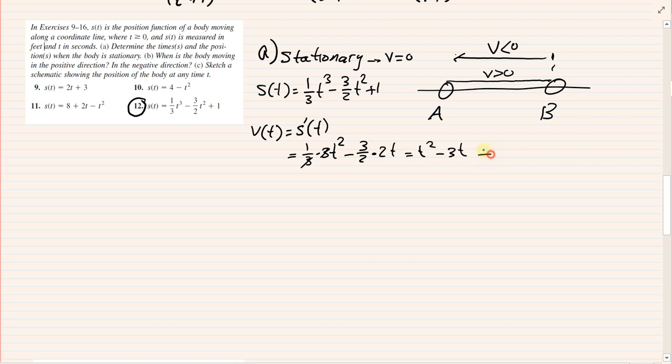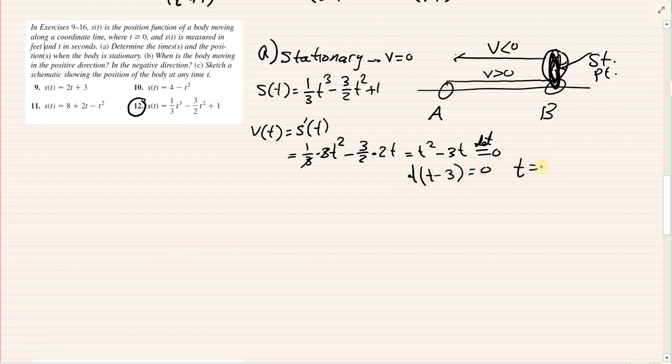Now we're going to set it equal to 0 because we want to find the stationary point. This is where the velocity is 0. So I can factor this: t times (t minus 3) equals 0.